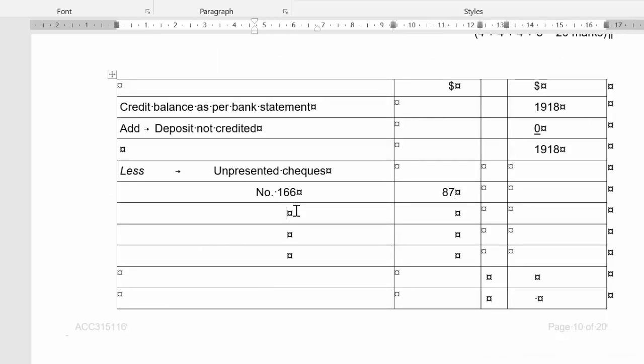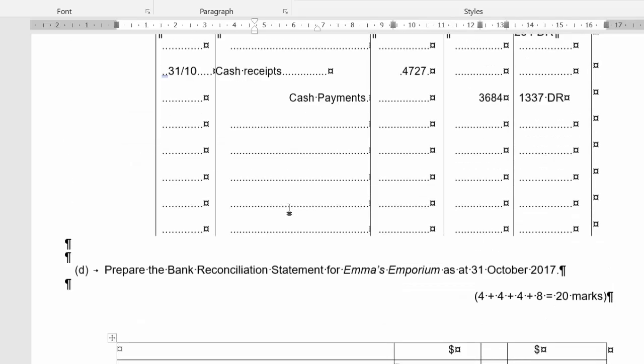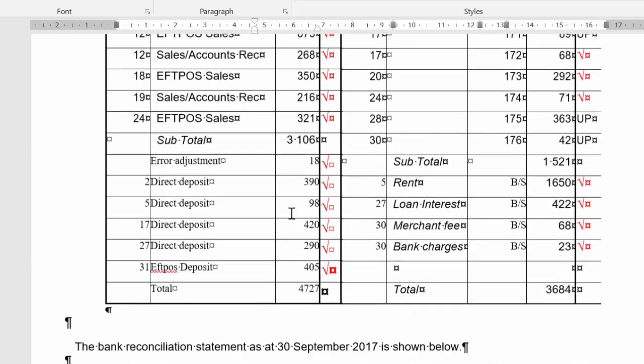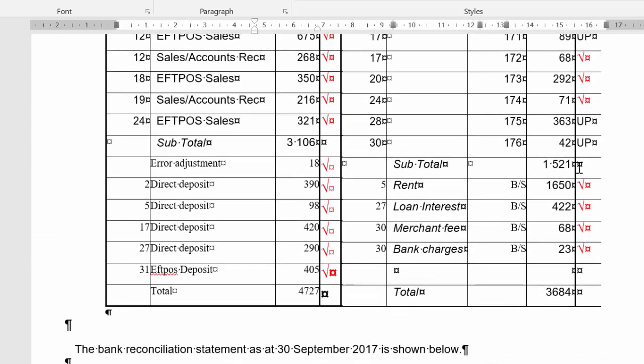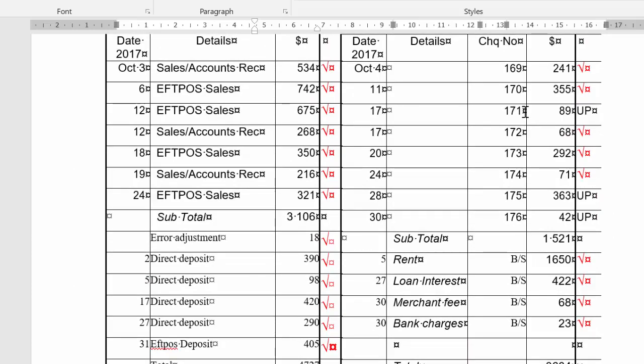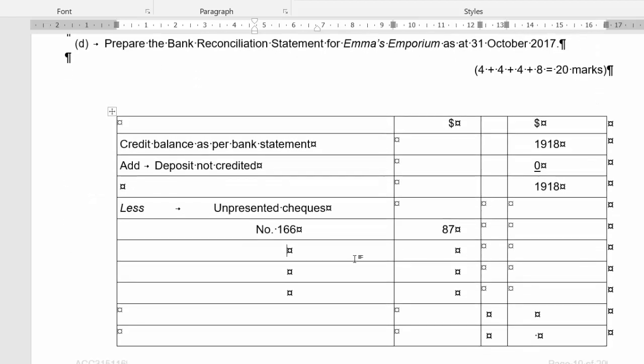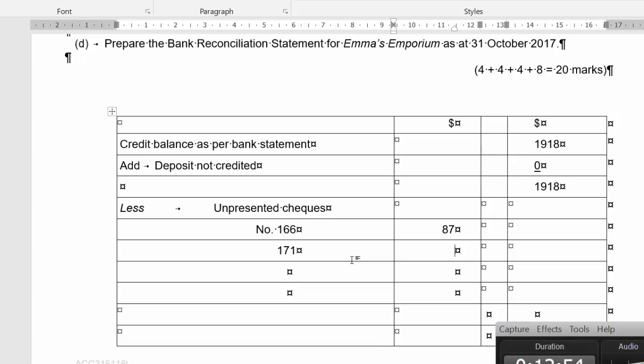For the rest of them I'm going to find that information from the cash payments journal. So let's quickly go up there. I had check 171 for $89, so let's put that in. 171, $89, and so on. I'm going to pause again and finish it up.